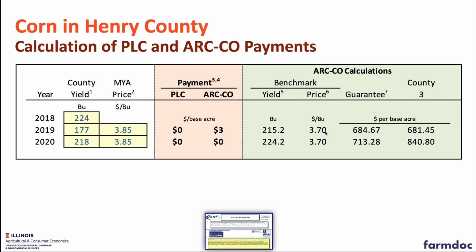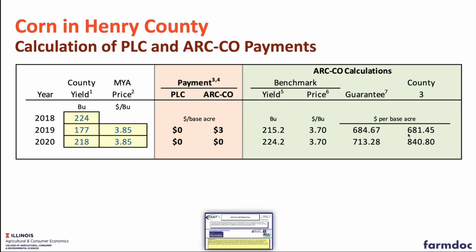There you see the benchmark price, the benchmark yields for Henry County. So here's the guarantee, here's the county yield. So we did this for every county in Illinois for which NASS reported yields. If NASS did not report yields, we did not estimate a payment for ARC County at this point in time.